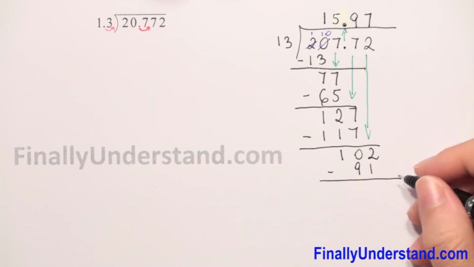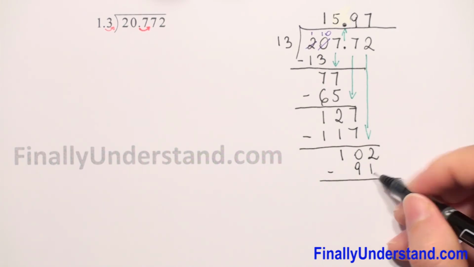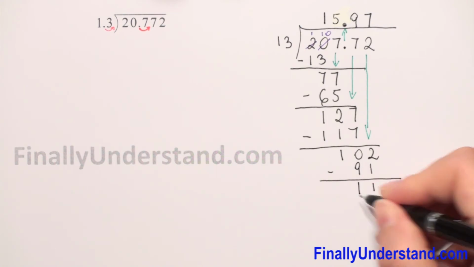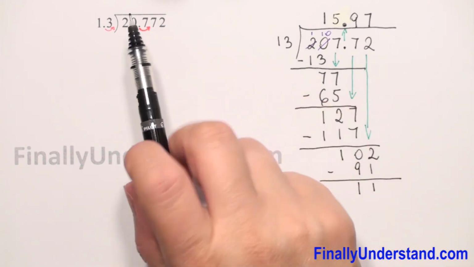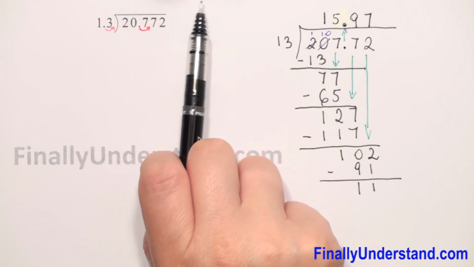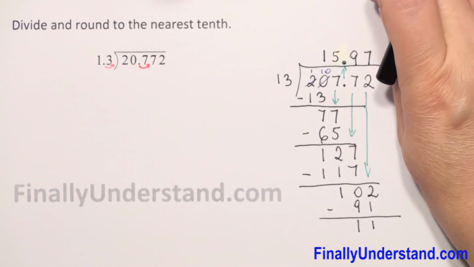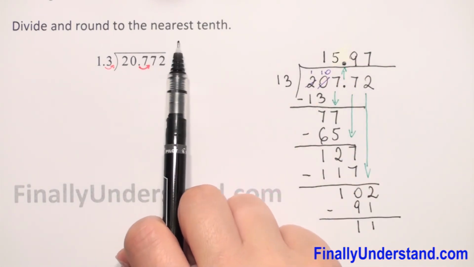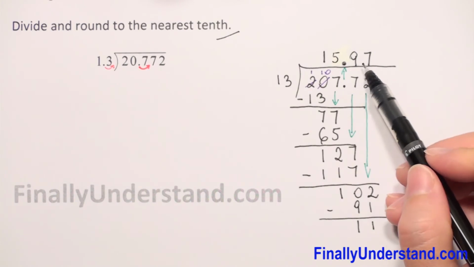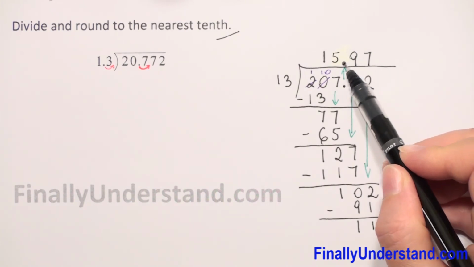Subtraction again. So we have 2 minus 1 is 1. 10 minus 9 is 1. What next? We have to round our solution to the nearest tenth. So we have to have 2 digits after the decimal point.